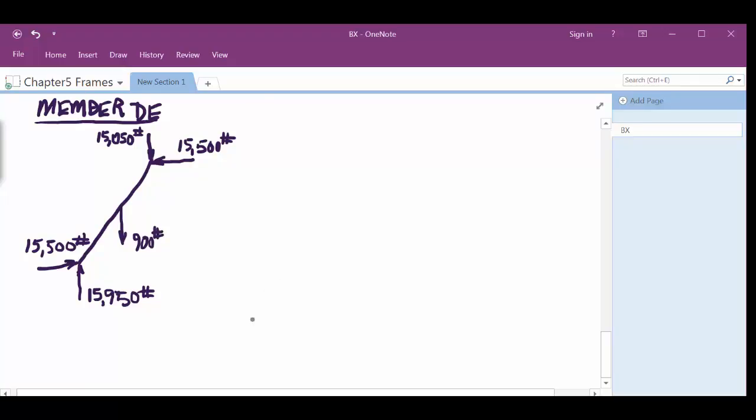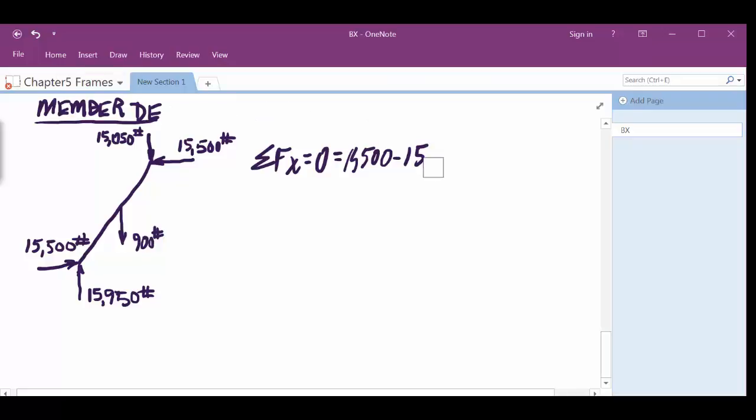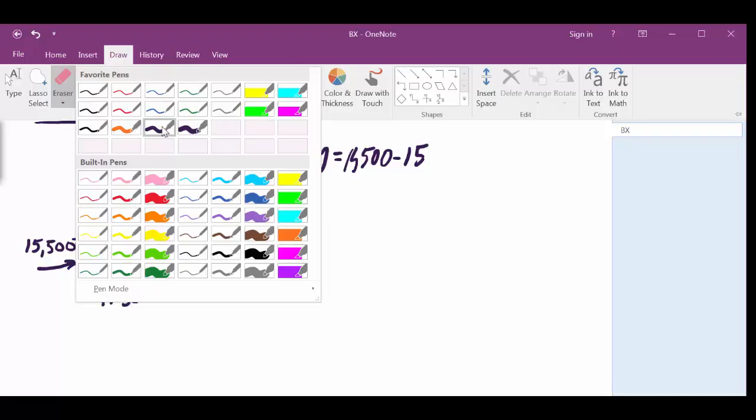Here's what's nice about this. Again, this one's going to allow you to walk out of this room knowing you did it right. Because if you do summation of the forces in the X equals 0 equals 15,500 minus 15,500. Getting in a hurry. I get so excited about this stuff. It's almost as bad as CAD.